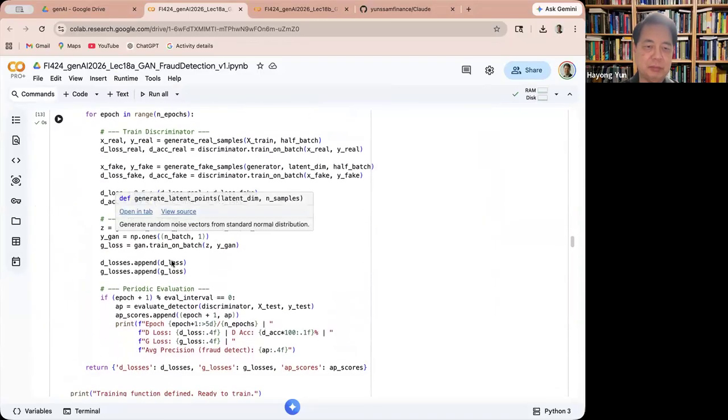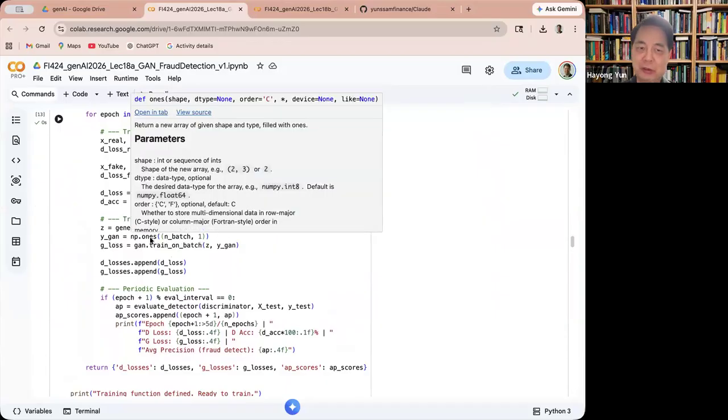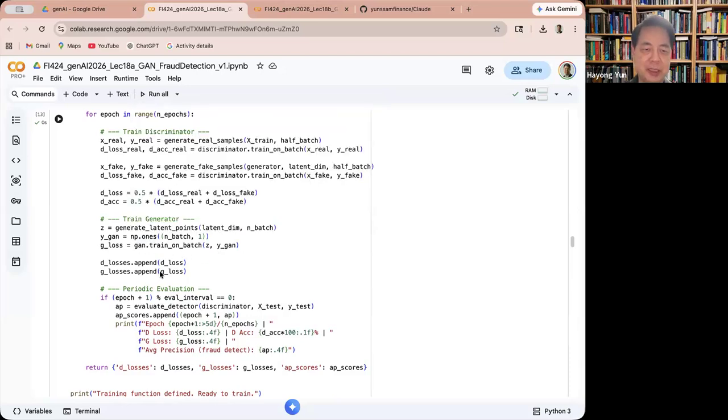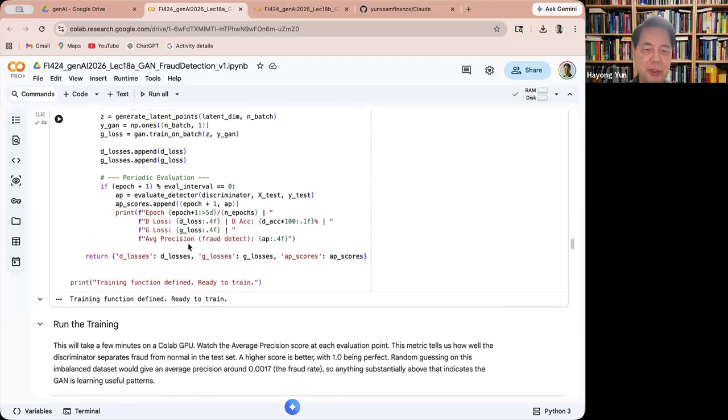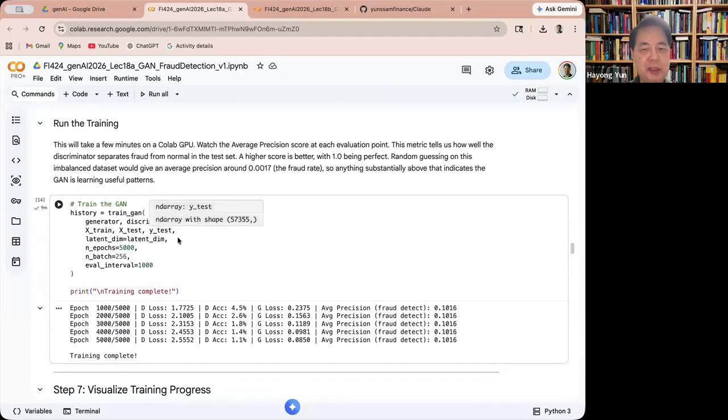Then for the GAN, generate latent points, put them into the GAN, and tell it that it's actually true data. So we try to fool the discriminator, train the GAN on that, get losses, and periodically plot them. I've trained it in advance.